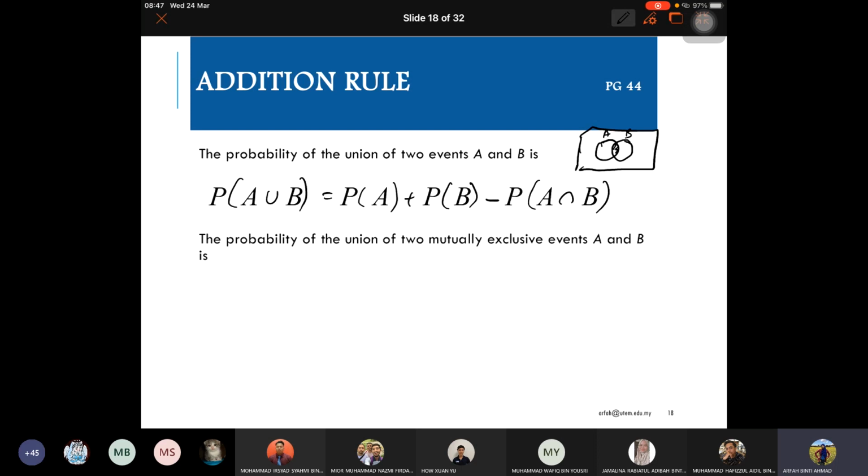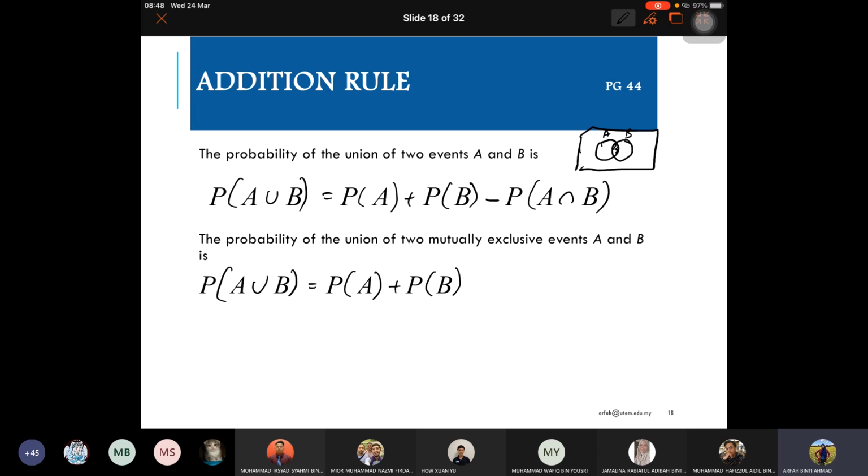And the probability for the union of two mutually exclusive events, A and B, is probability of A or B equal to PA plus PB. Okay.